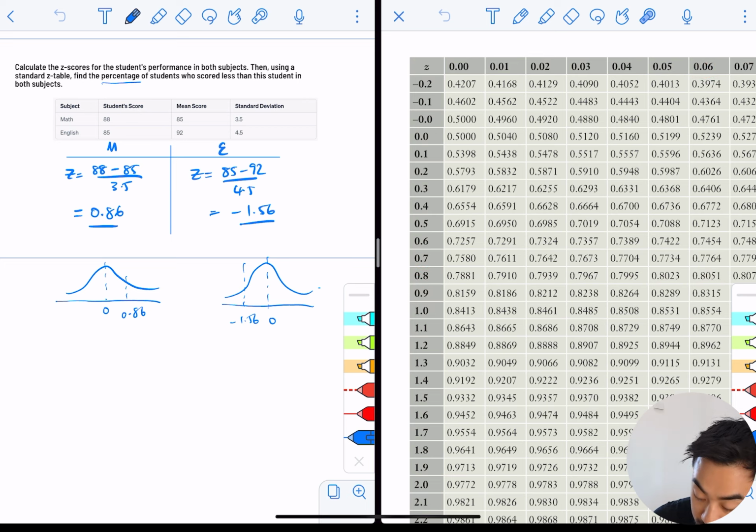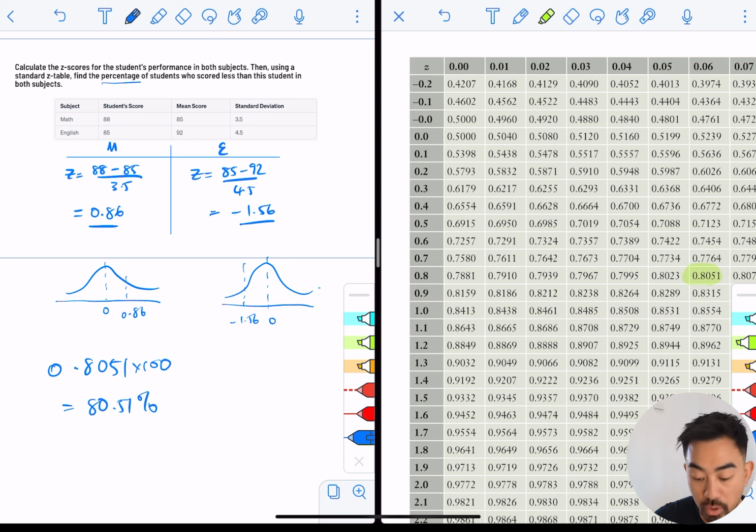So 0.8051. Now I'm just going to convert that to a percentage. So it's 80.51%. So in other words, 80.51% of people performed worse than this student in maths.